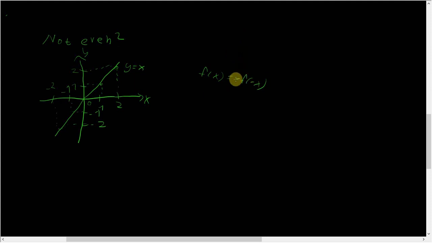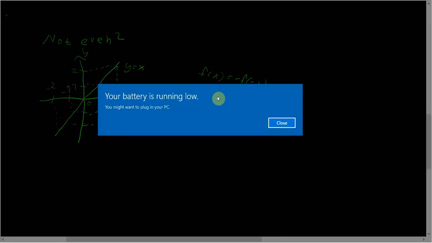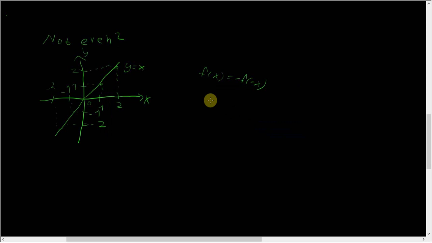So basically what this is saying in simpler terms is that if I input 1 as my x value, and here I'll input -1 because I have a minus sign in front of x, and I plug this into my function, I will get 1 here, and here I will get -1.